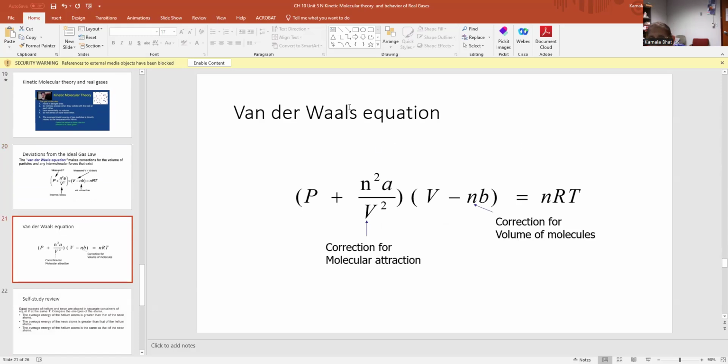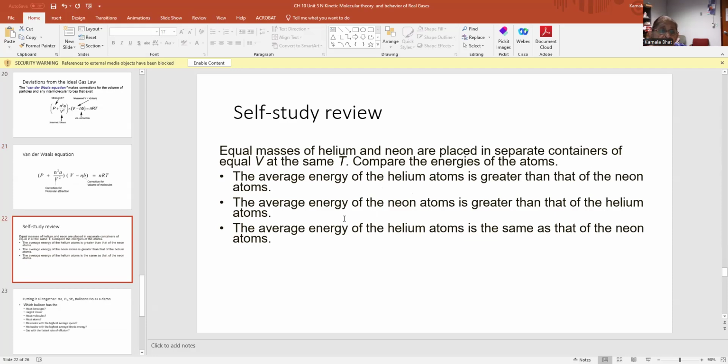When we open this equation up and rewrite it, we have P plus n squared over V squared, which is basically a concentration term, multiplied by A, and that gives you the pressure correction. V minus nB gives you the volume correction for the molecules.